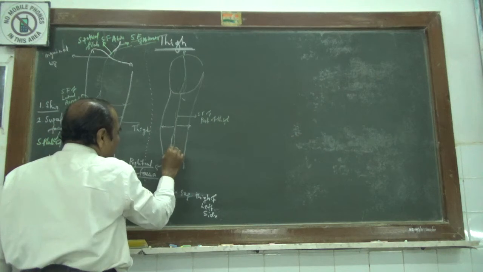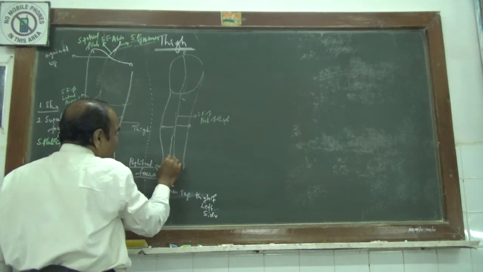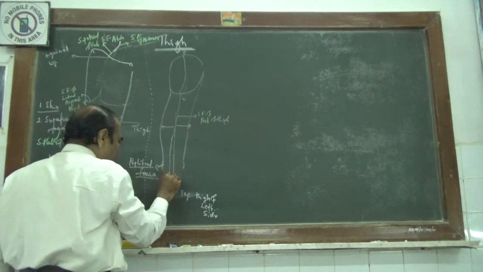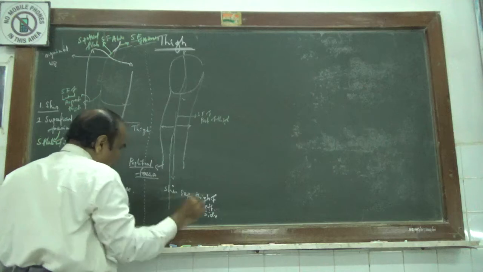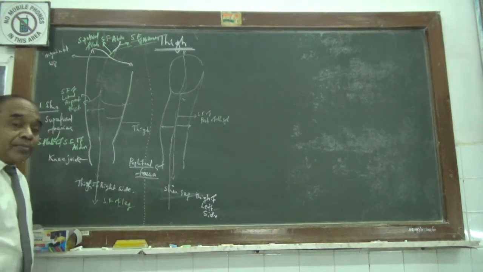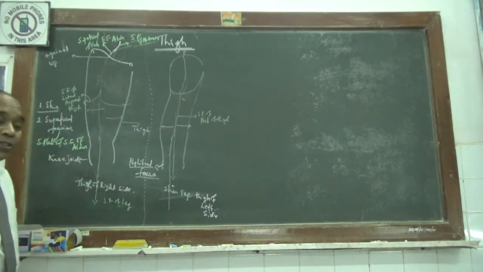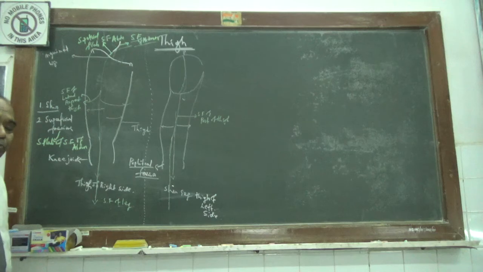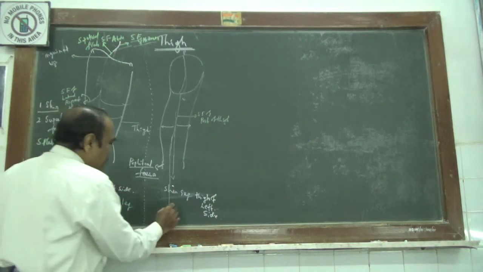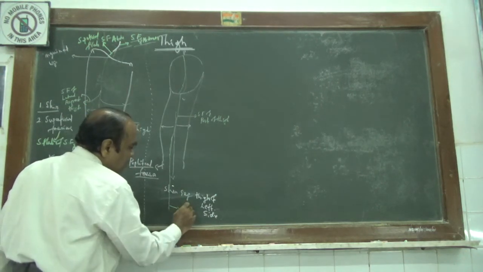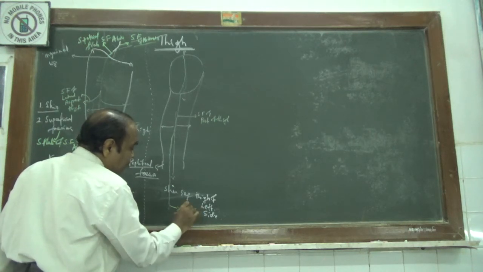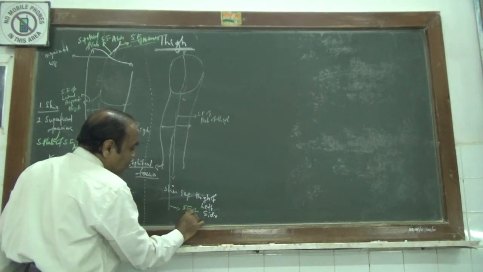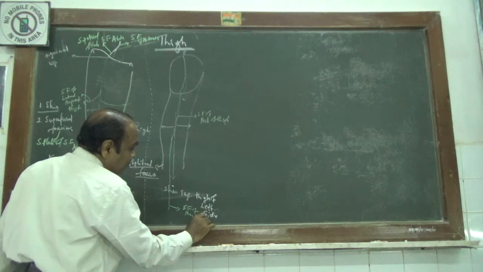Then, as the superficial fascia of the thigh descends at the back, it continues into the back aspect of the knee, the popliteal region, called the superficial fascia of the popliteal region, and then it runs on to form the superficial fascia of the back aspect of the leg.